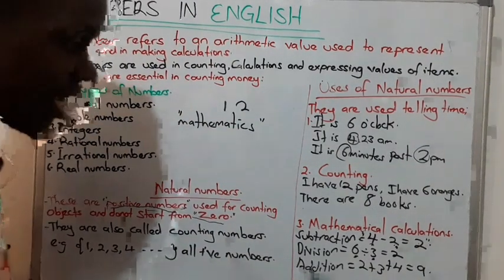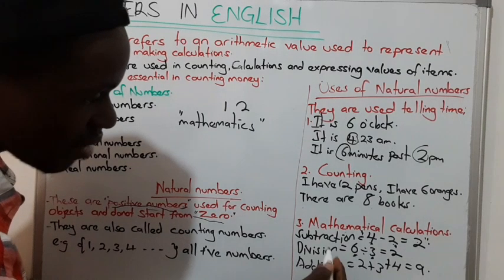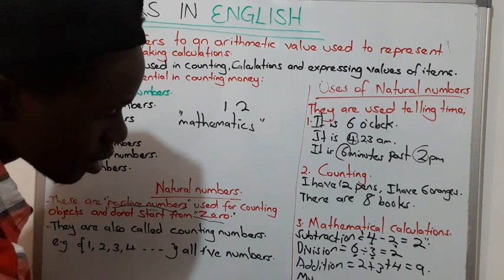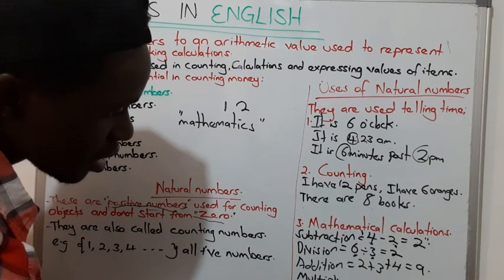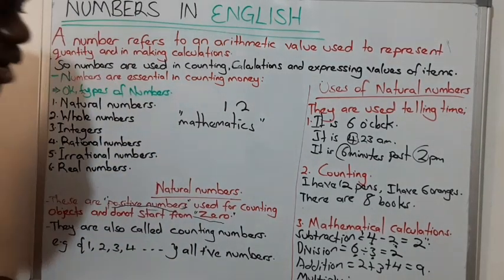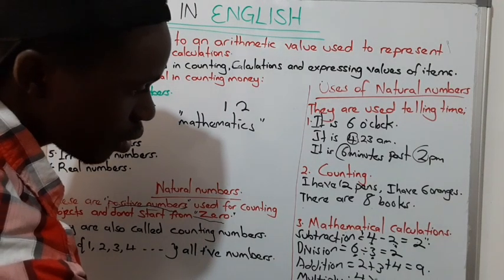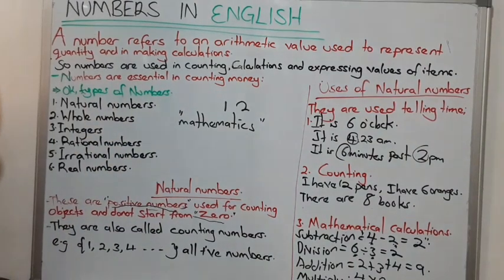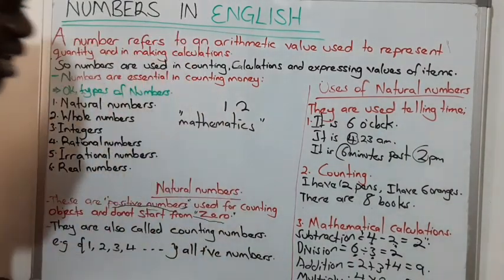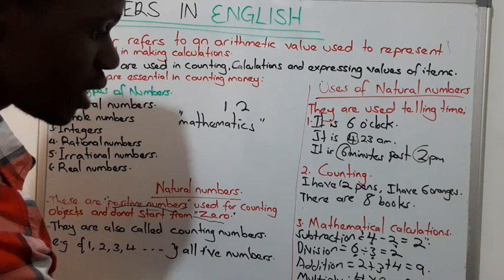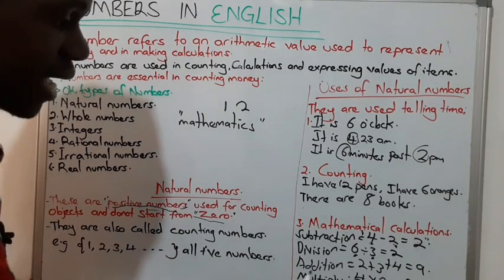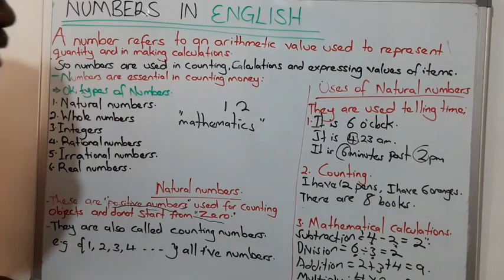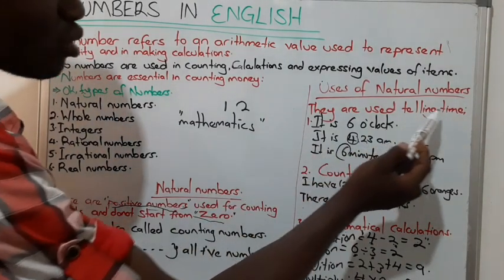Under multiplication, if they give you 4 times 2, what's the answer? You get 8. So in other words, we use natural numbers when we are multiplying, adding, dividing, or subtracting. They are used in mathematical calculations, counting, and also telling time.